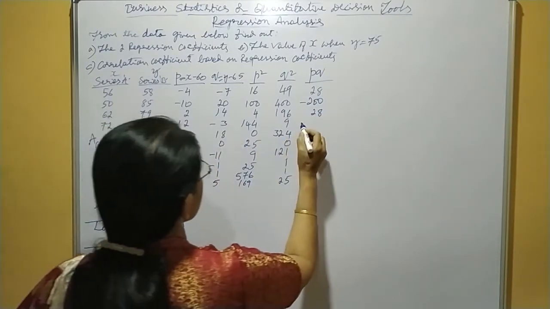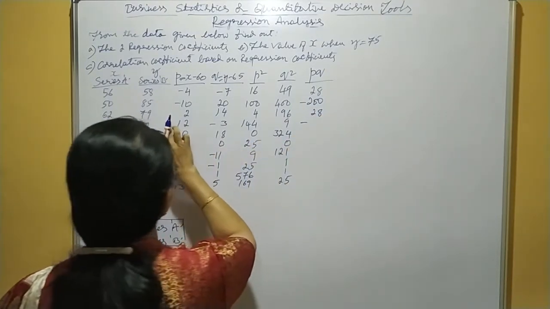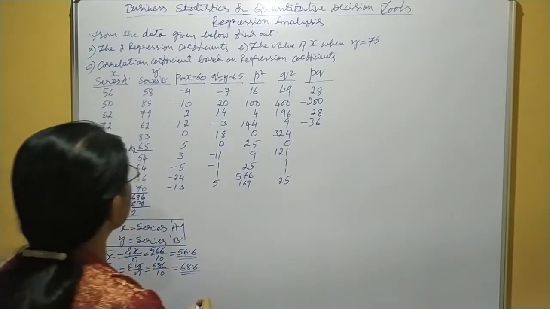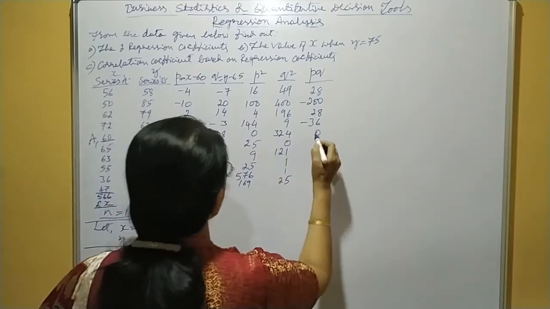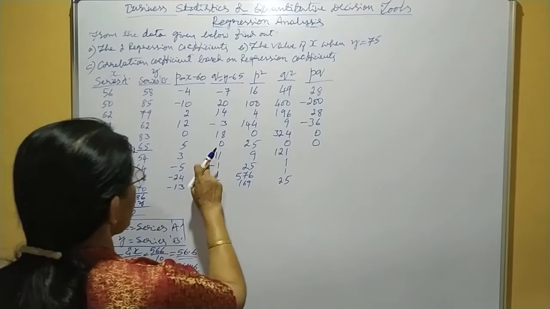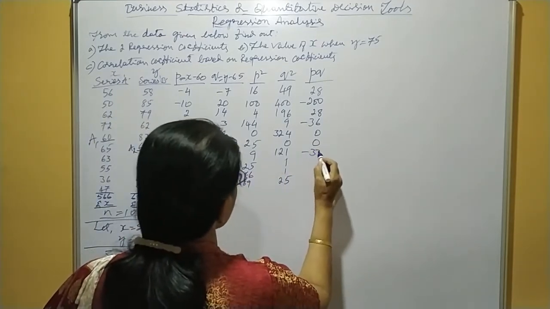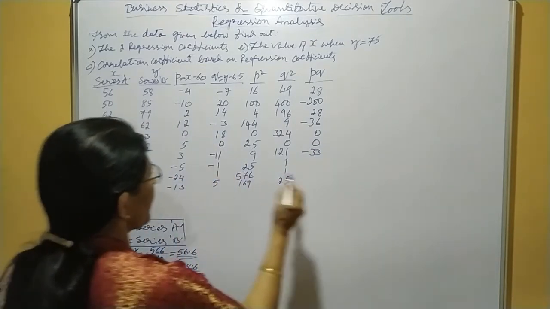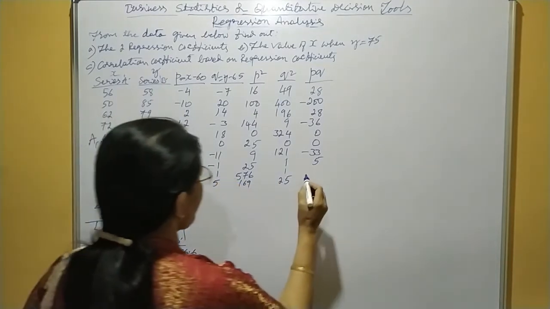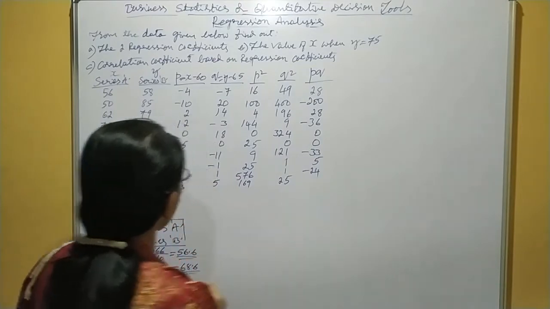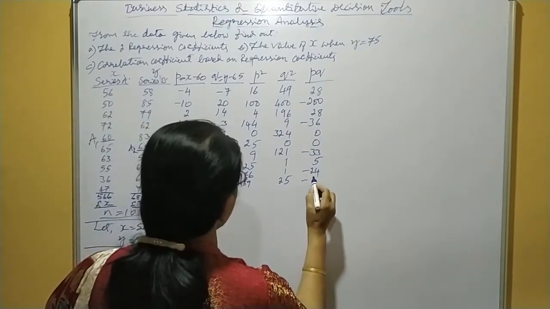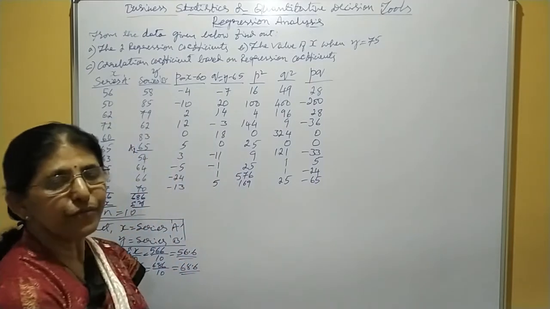Here plus 12 into minus 3, that is minus 36. 0 into 18, 0, 5 into 0, 0, plus 3 into minus 11, minus 33, minus 5 into minus 1, plus 5, minus 24 into plus 1, minus 24, minus 13 into plus 5, minus 65.